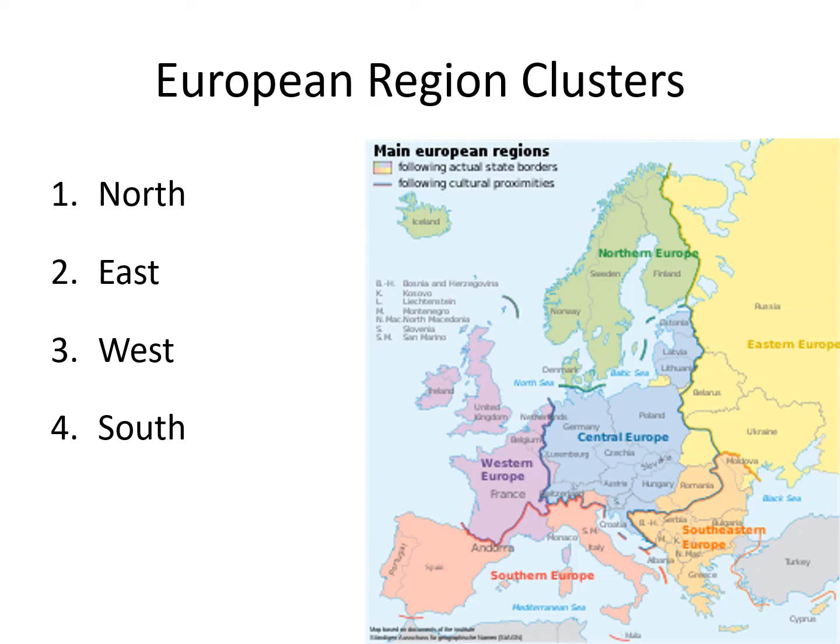The southern region consists of Albania, Andorra, Bosnia, Herzegovina, Croatia, Gibraltar, Greece, Holy See, Italy, Malta, Montenegro, Portugal, San Marino, Serbia, Slovenia, Spain, and Macedonia.